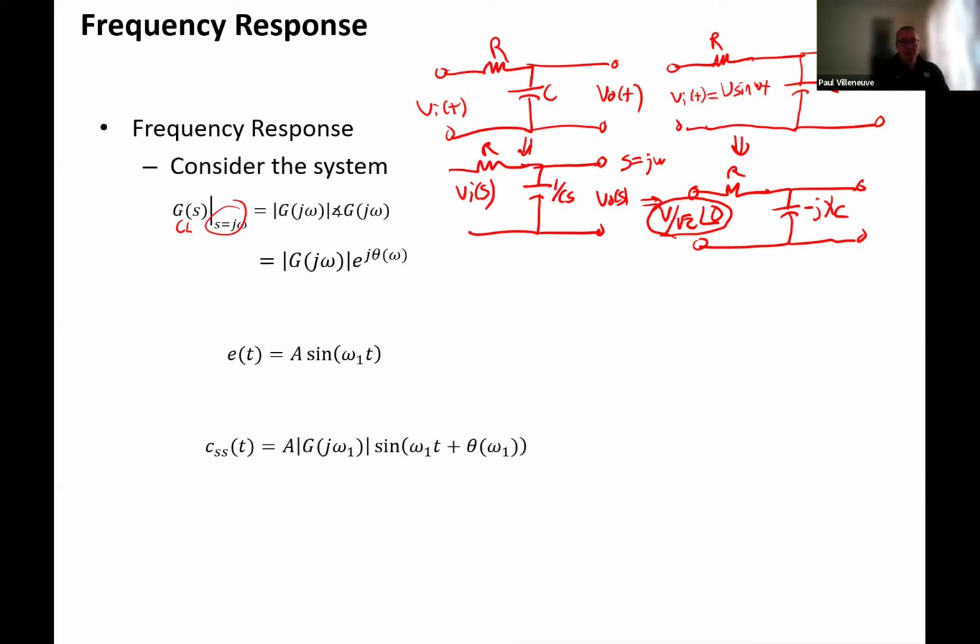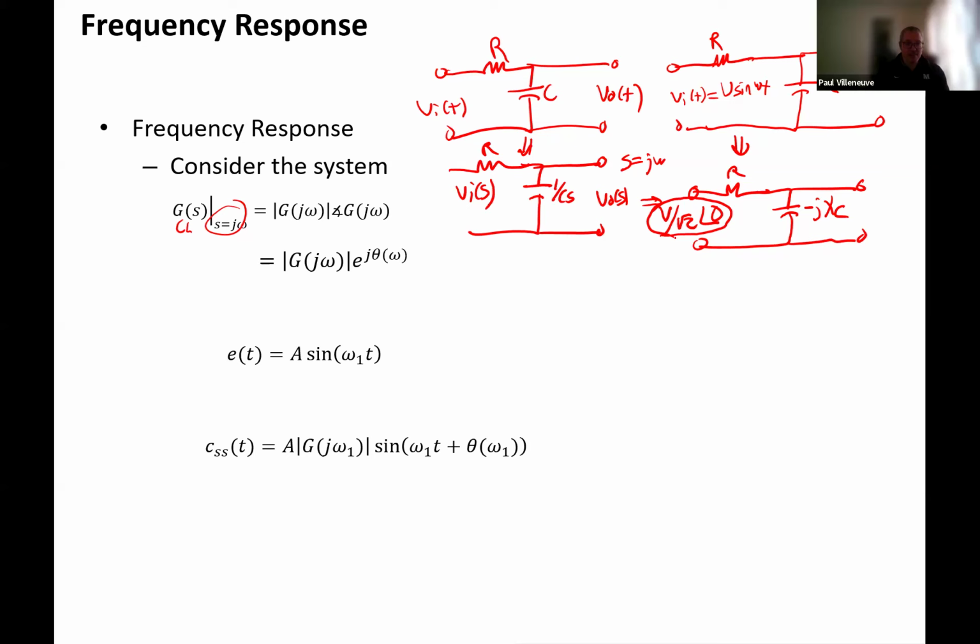But the reason why we do that is it's a simplification, and we're trying to get correct power calculations. So it's not a perfect analogy of how to go from Laplace to our phasor representation, or our complex frequency representation, or steady state representation, but it does a pretty good job.